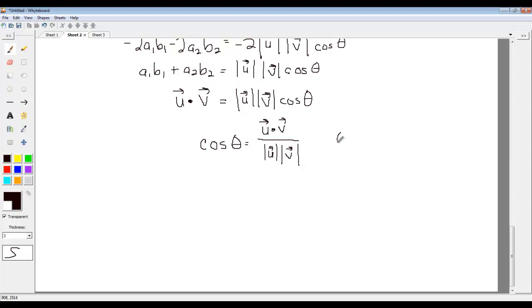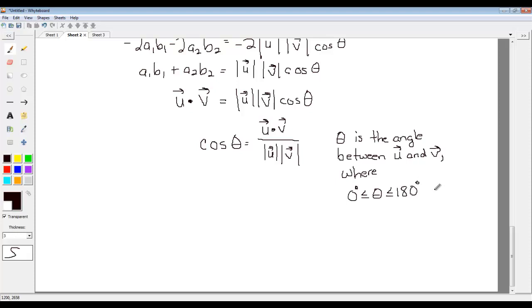And this is true where theta is the angle between u and v, where 0 degrees is less than or equal to theta, which is less than or equal to 180 degrees. So now we're equipped to find the angles between two vectors.